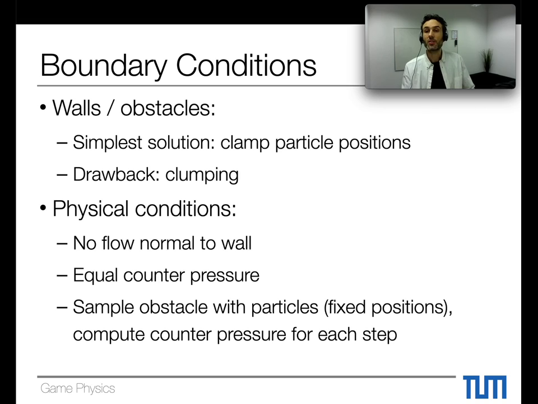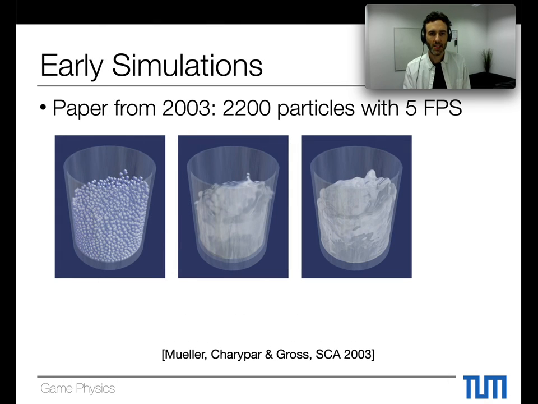For that, we actually need to really sample the obstacle region with additional particles. This is typically a bit more expensive, but actually in practice typically produces better results for the simulation.